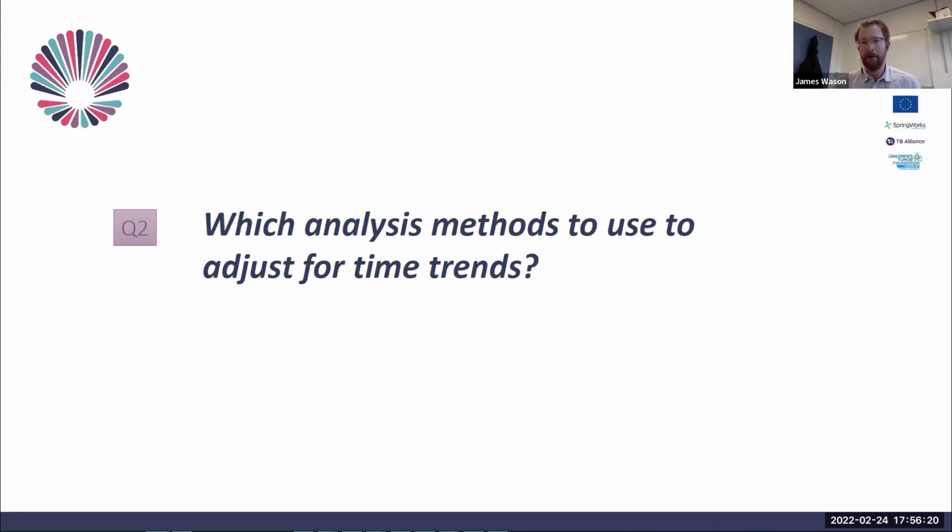In the types of settings I'm interested in, the reason for time trends would more likely be different patients being enrolled over the course of the trial. This is something we can observe in the trial and potentially correct for, as opposed to, say, the standard of care changing over time.